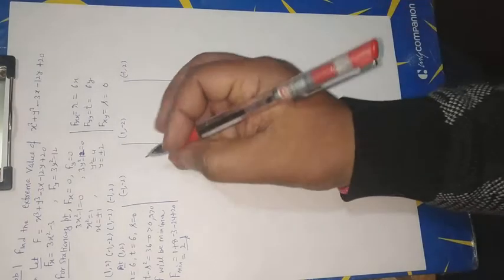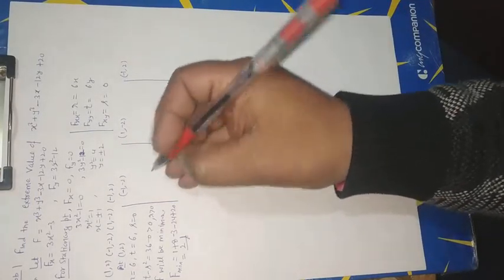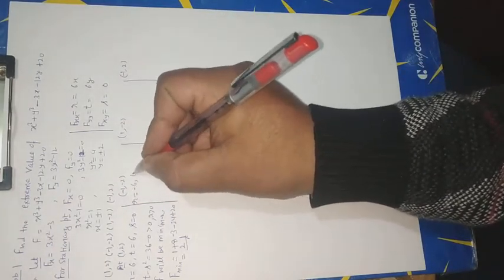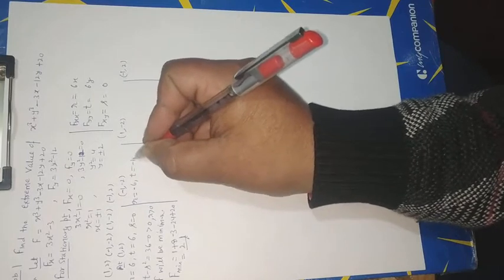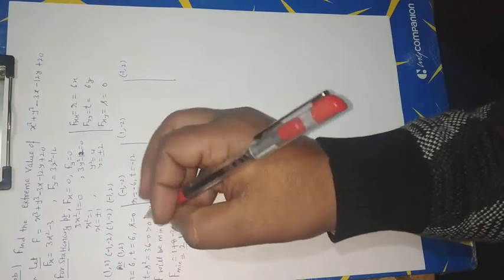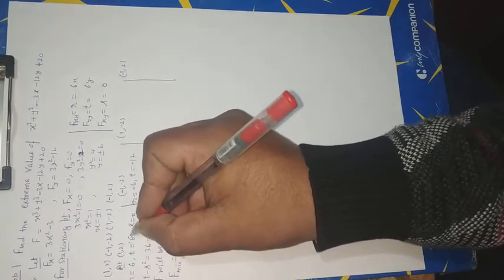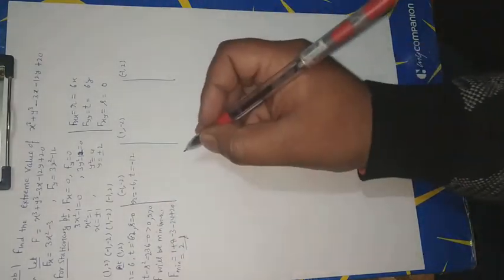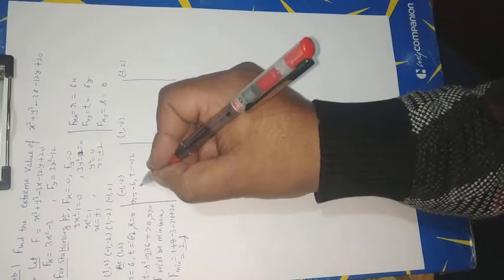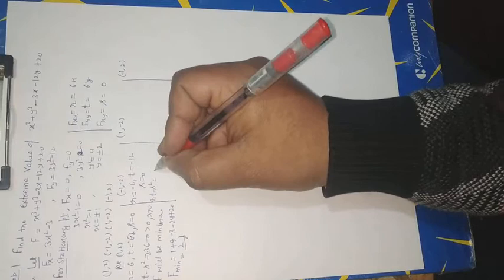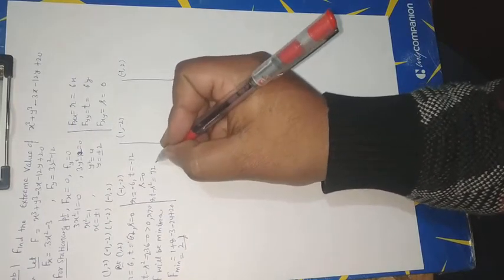This is the minimum value of the function at stationary point (1, 2). Now try at (-1, -2). Then r is equal to -6, t is equal to -12. Sorry, t is equal to 6 into 2 into 2, that is 12 here. Now s is equal to 0. Now rt minus s square is 72, always positive.